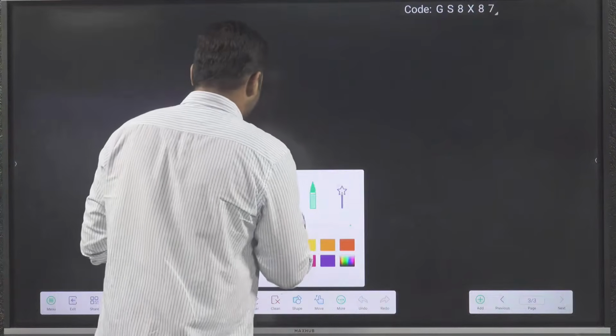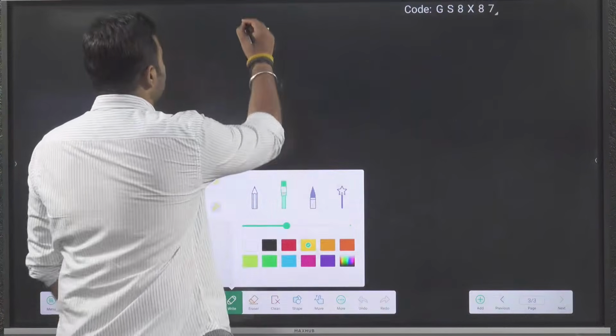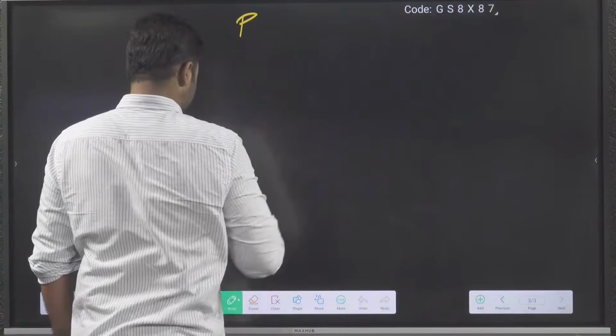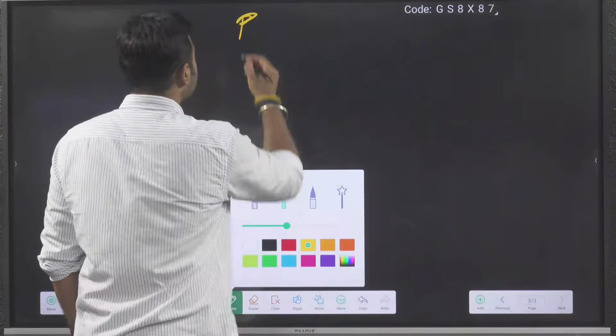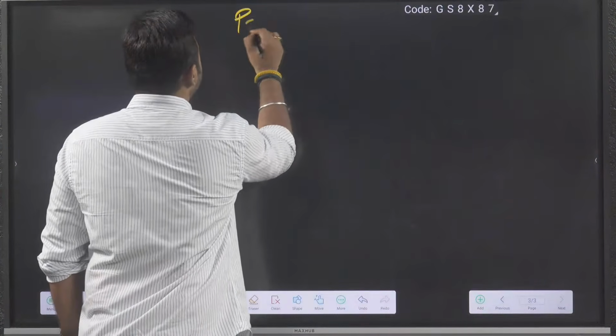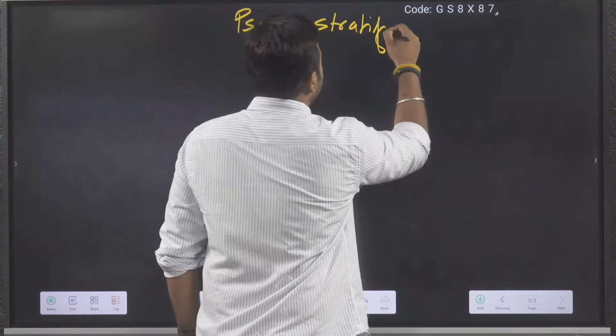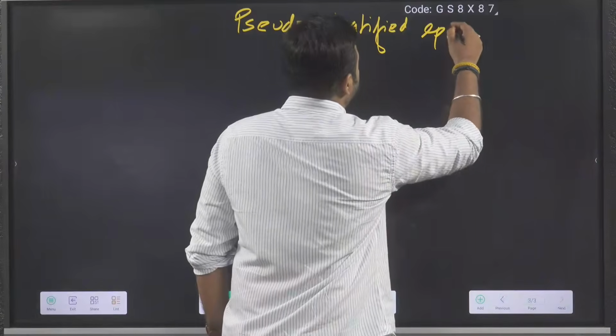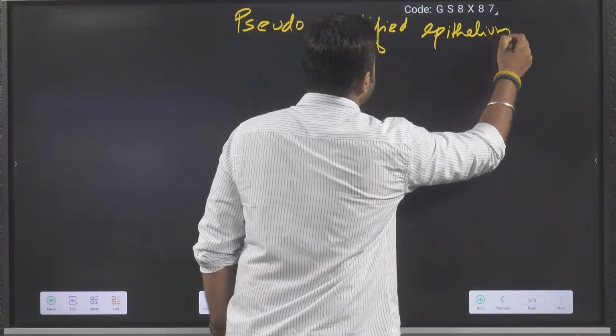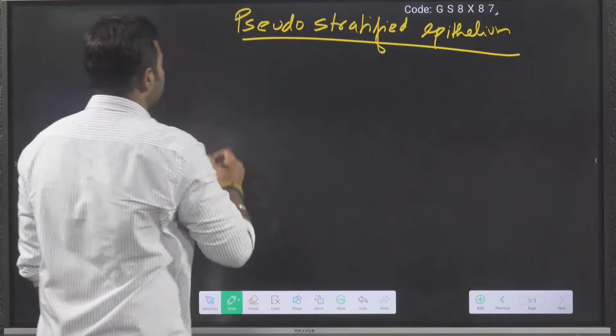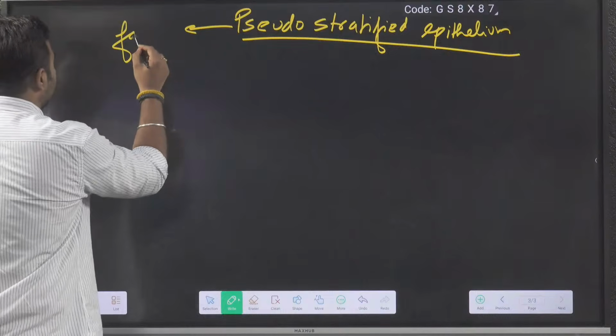Then a little bit extra you should know: pseudo-stratified epithelium. Focus, guys. What is the meaning of pseudo?